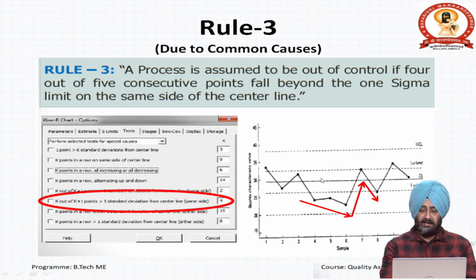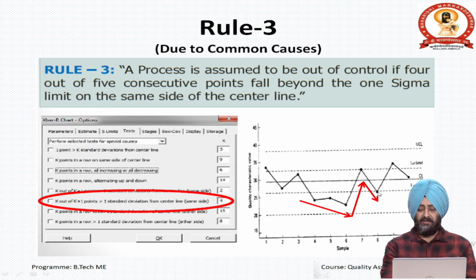Now again here this is the center line, and we have all these 5 points lying below the center line. So you can see we have 4 out of 5 consecutive points that fall beyond the 1 sigma limit. Say this is the 1 sigma limit, you can say zone C. Beyond the 1 sigma limit we have 1, 2, 3, 4 and then 5.